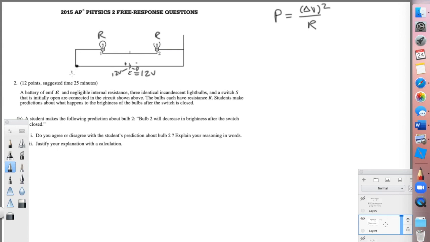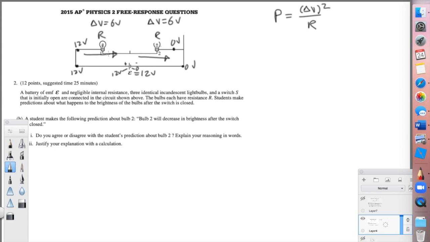So right here would be 12, right here would be 12, over here would be 0, right there would be 0. As the current goes through these bulbs, if these resistances are equal, this 12 volts is going to be lost in 2 equal chunks across these resistors. So the voltage across this one would be 6, and the voltage across this one would be 6. It would be equal.